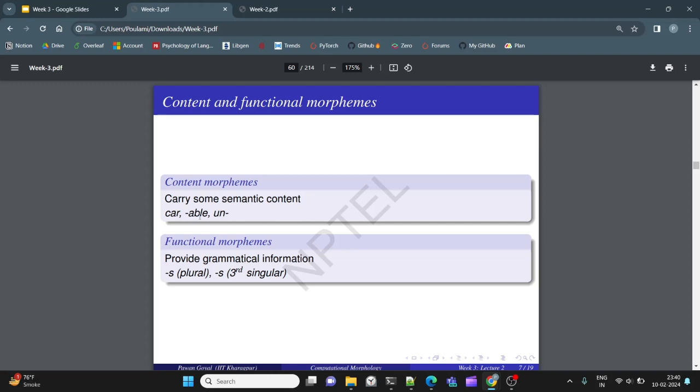It carries the number that is marked on a noun. So any word that has this marker indicates that the number associated with that noun is plural. It indicates plurality.